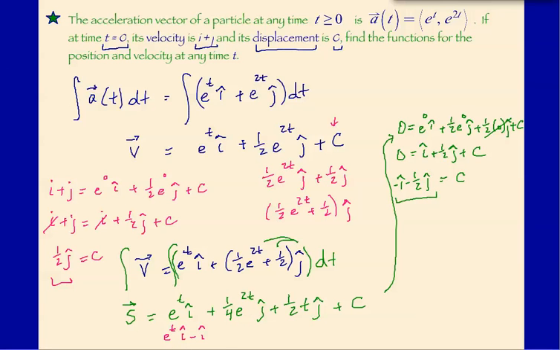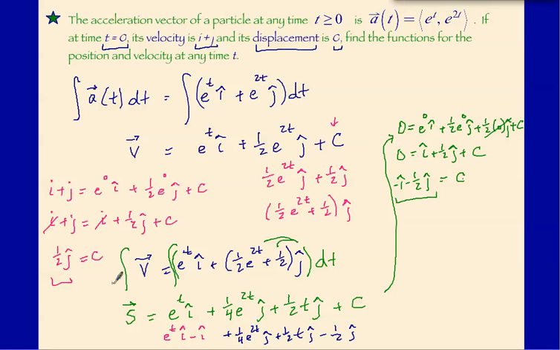And then for the j components, I have, of course, 1/4 e to the 2t j hat plus 1/2 t j hat, but now I also have minus 1/2 j hat. So I'm splitting this constant of integration into the two component parts and combining it that way.